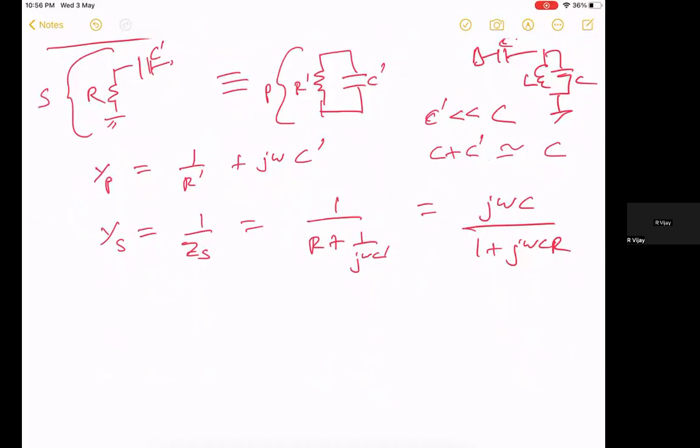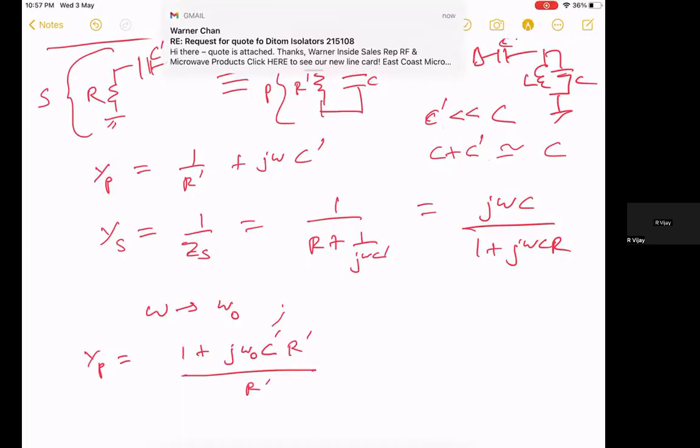Okay. So the first approximation is I'm going to set everything to omega naught, so that I'm not going to worry about the frequency variation. I'm going to calculate and make this equality only for this frequency. And the other one, which we have anyway done, that C prime is the same, is already done. So now we get Y of P is 1 plus J omega naught C prime R prime over R prime.